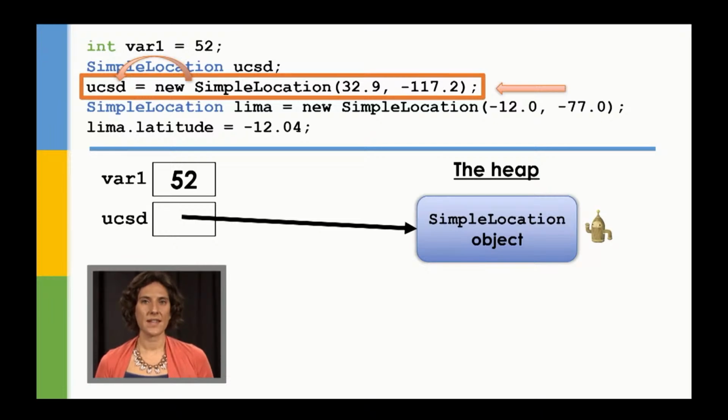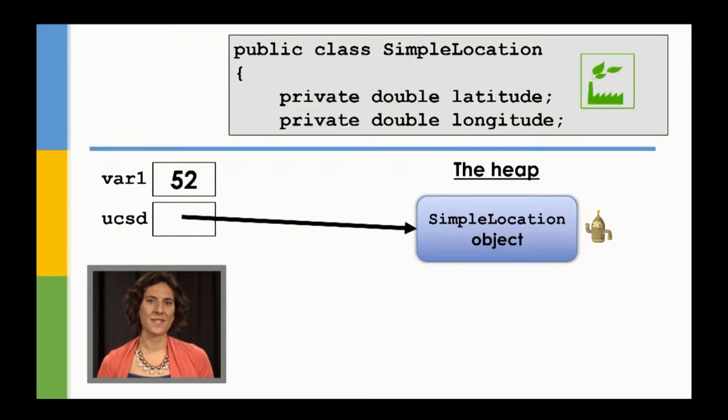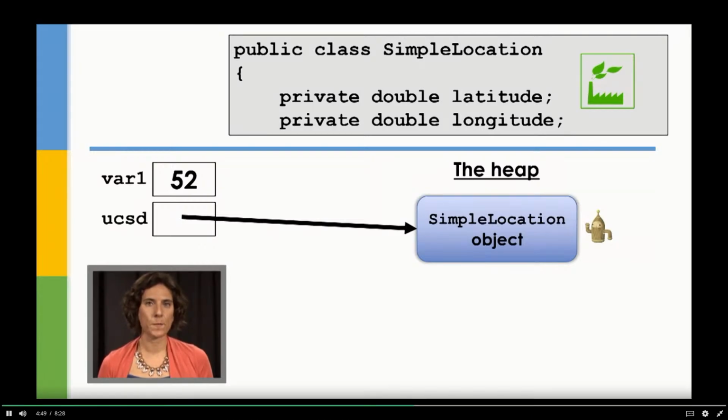But remember that this arrow really just represents this reference, this number that represents the address, or something like an address, of where to find this newly created object in the heap. So it's actually a number in the box, but that number effectively represents the location of the object in memory, so we draw an arrow from the box to that location in memory. And that arrow is actually the value of the variable UCSD.